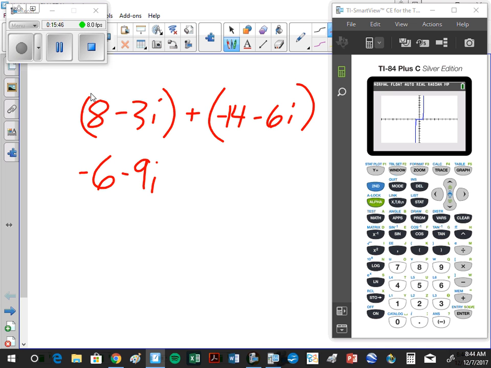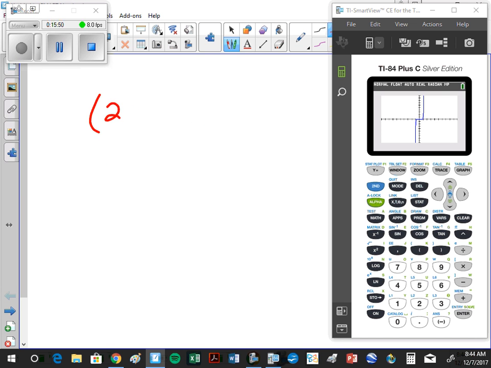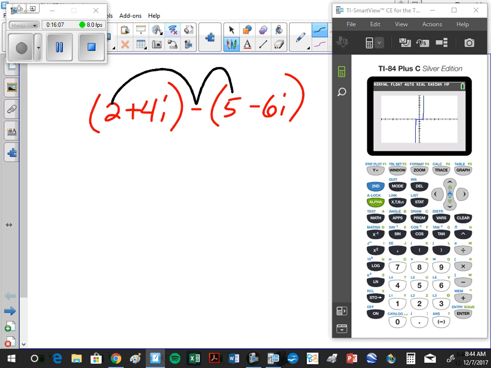Okay, you can also subtract imaginary numbers, complex numbers. So 2 plus 4i minus 5 minus 6i. You have to be a little bit more careful when you do these because it's actually 2 minus 5. So what I like to do whenever you're subtracting is get rid of this and move it on the inside.